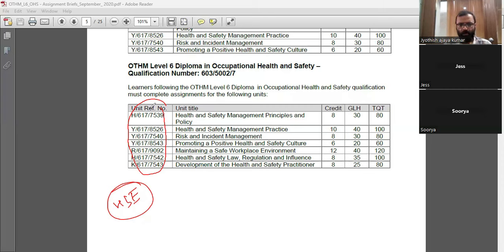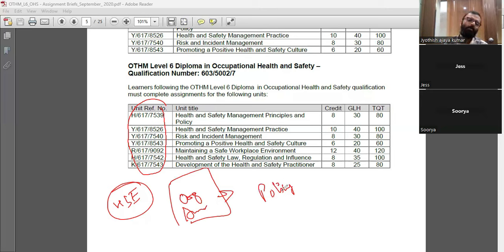For example, when an organization is developed, say this is Saudi Aramco, what are you making first? You are developing an organization from scratch, setting up a new organization. The first thing you will develop is the HSE policy for that organization.